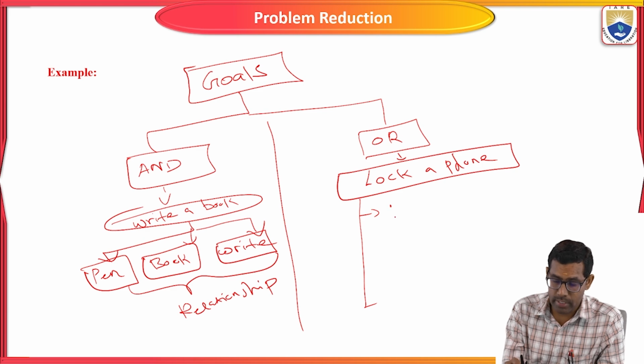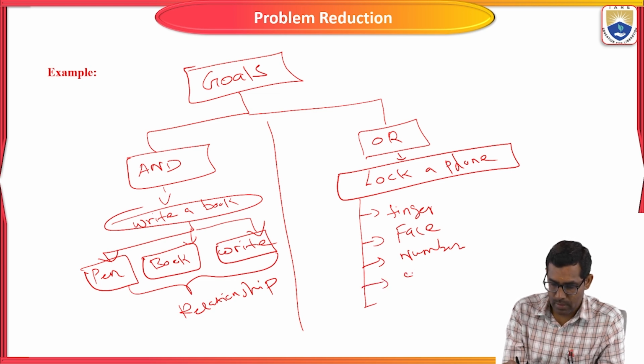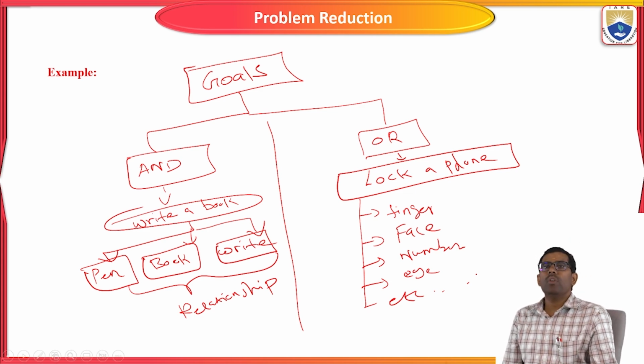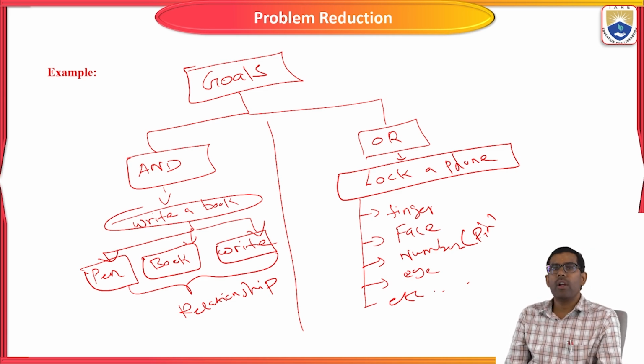First one is finger, face, number, eye, etc. If you want to lock your phone, I can use the fingerprint, facial recognition, the number or pin, then eye recognition, etc. There are various methods.